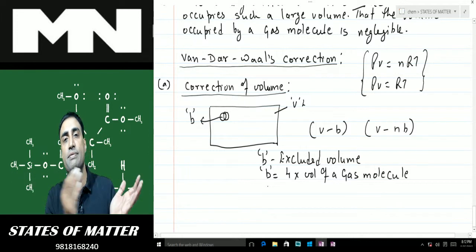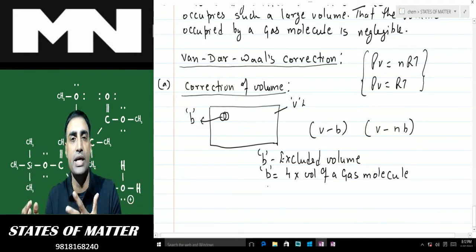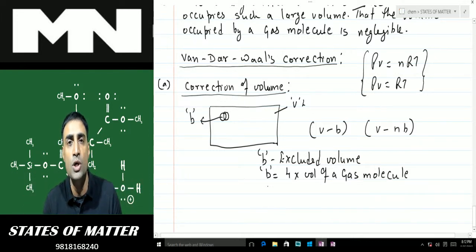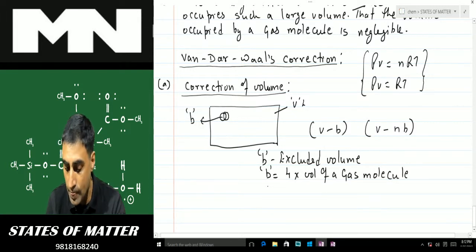Like H2 will have different radii, methane will have different radii, carbon dioxide will have different radii. Different gas molecules have different radii. So the volume occupied by them is different. That's why B is constant for a gas, and for different gases, we have different values of B.